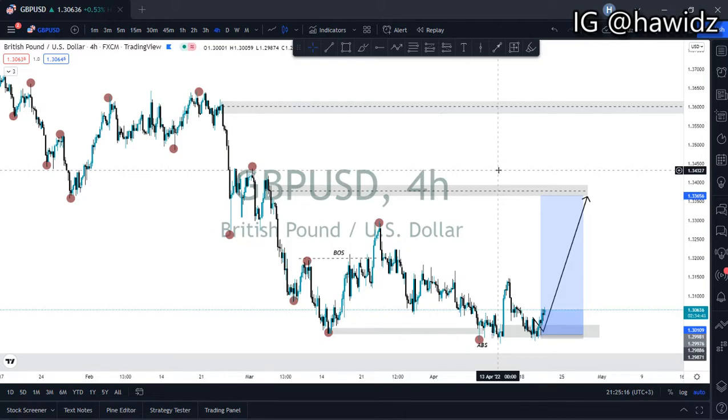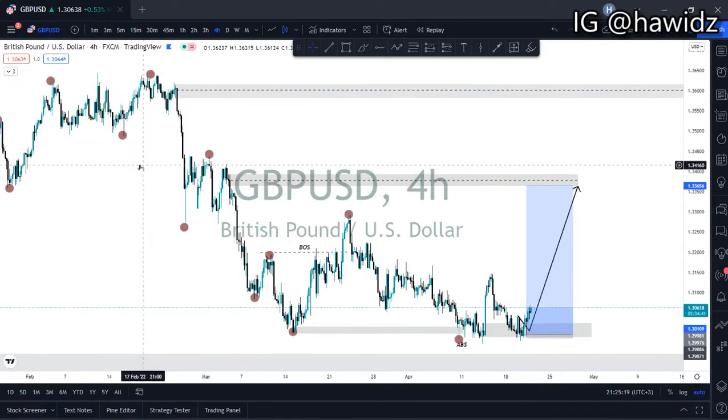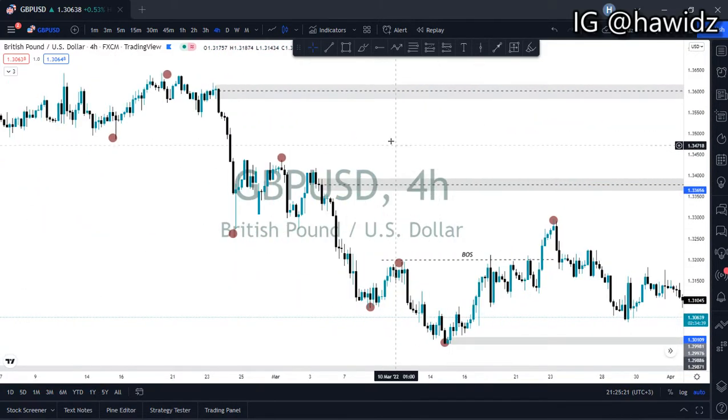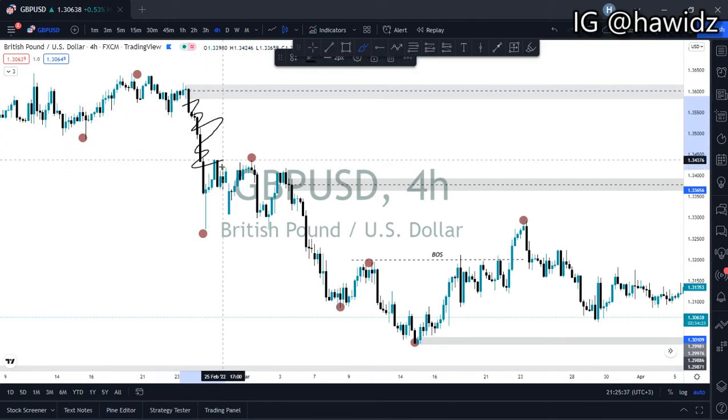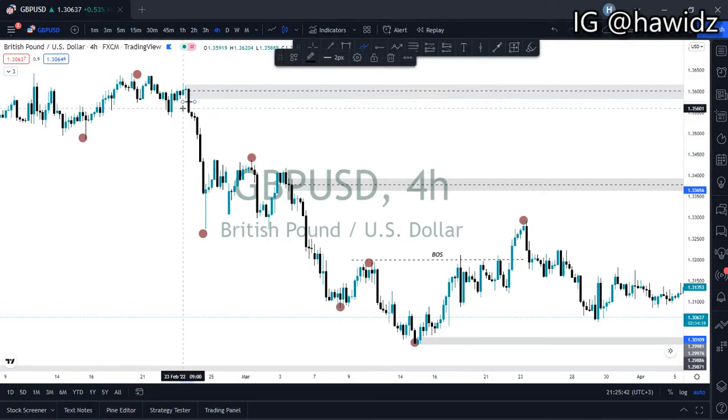And if we take a clear look at this chart right here, we can clearly see that we do have some price gaps that need to be ultimately filled before price can continue with its trend. As you can see, this whole area here is full of price gaps, right? These here, right? We can see that these wicks, they just haven't filled these areas.